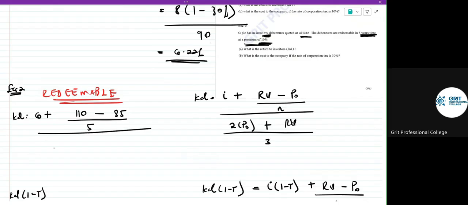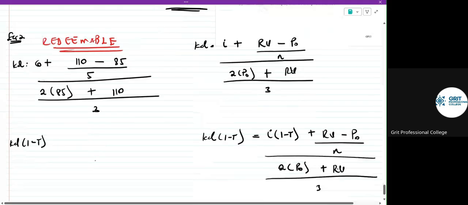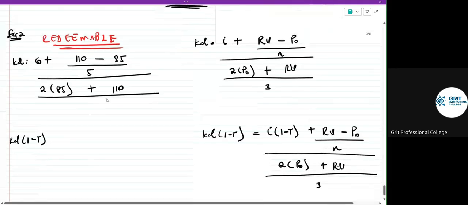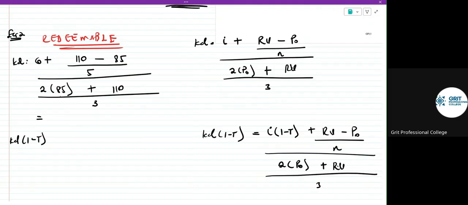All over 2 by 85 plus the redemption value of 110, all over 3. Okay. All right. So I have a video on how to punch this, which I'll share with you later.